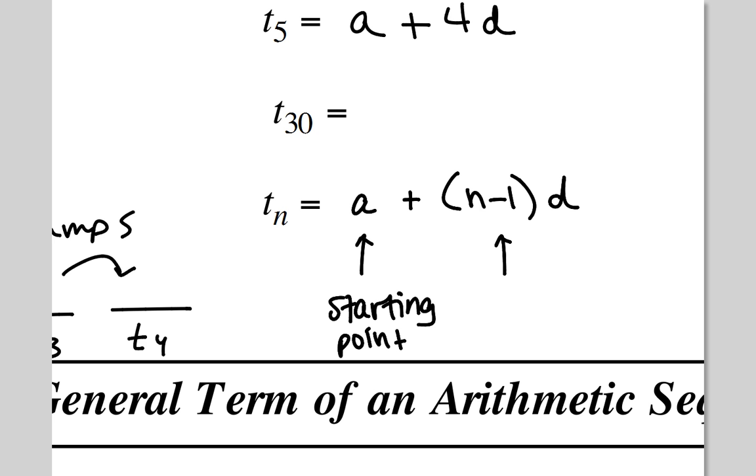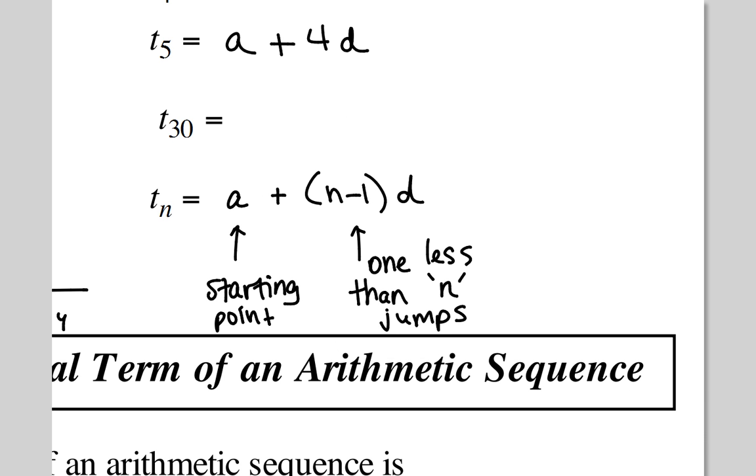So 1 less than n jumps times d. Because each jump is worth d, and you always have n minus 1 jumps. If you want to get to term 6 from the start, you've got to do 5 jumps. If you want to get to term 10 from the first, you've got to do 9 jumps.